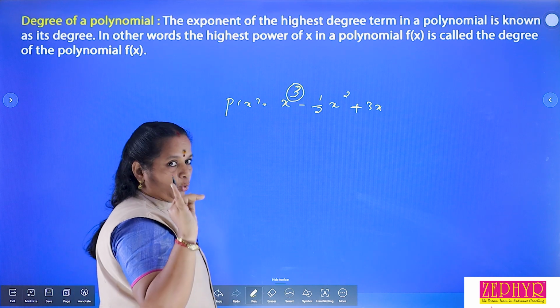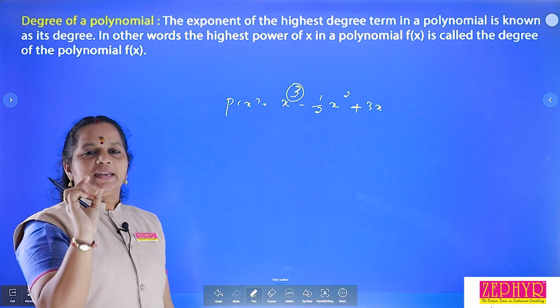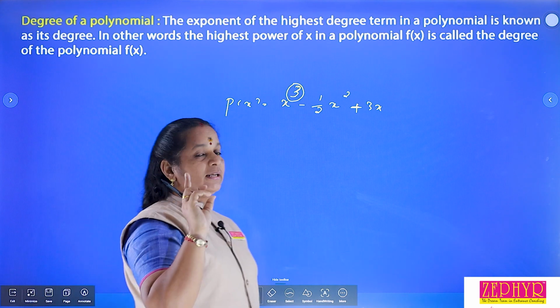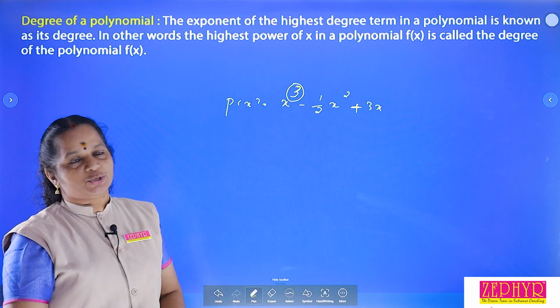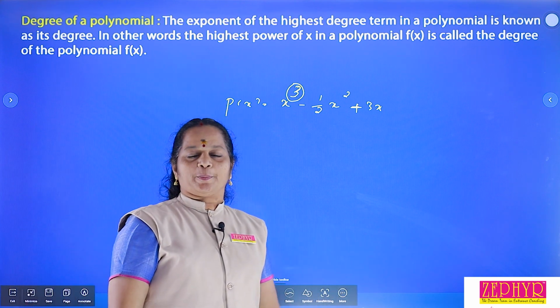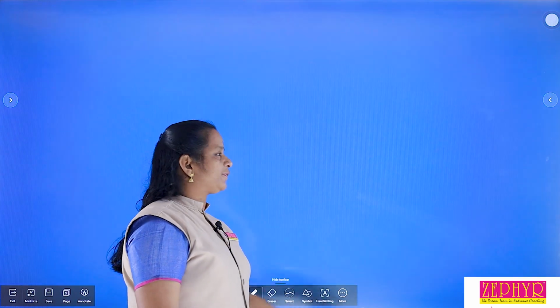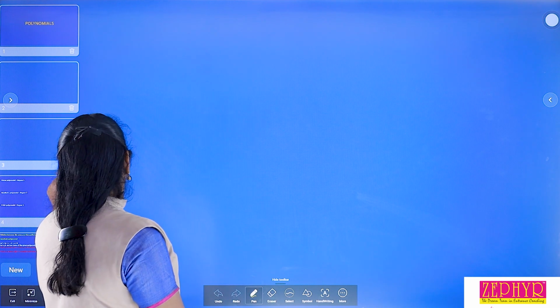So we have discussed two topics. First, what do you mean by a polynomial? If any given algebraic expression is said to be a polynomial, the condition is that the exponent n is a non-negative integer. Second, what do you mean by the degree of the polynomial? Using the degree, we can divide polynomials into many types.